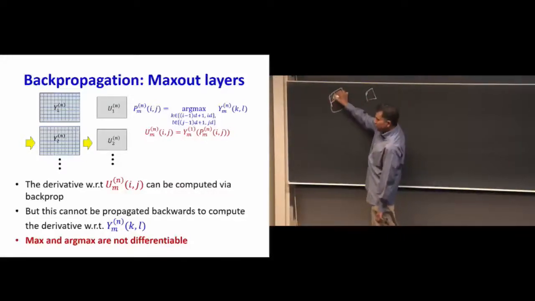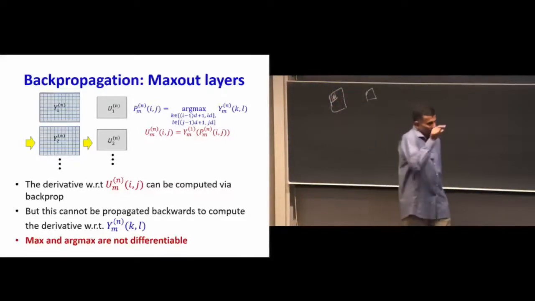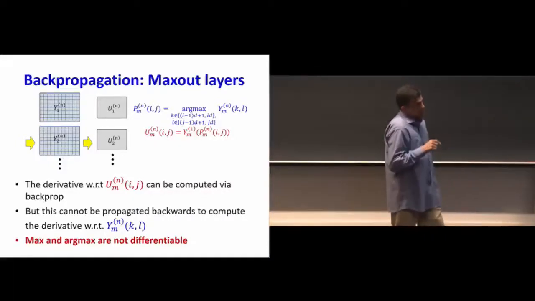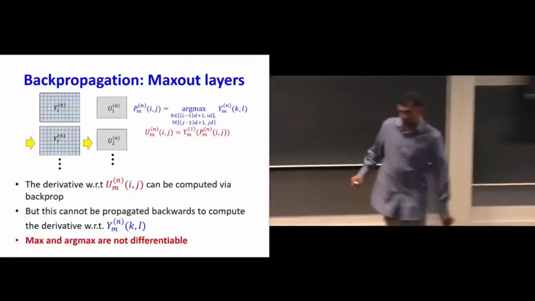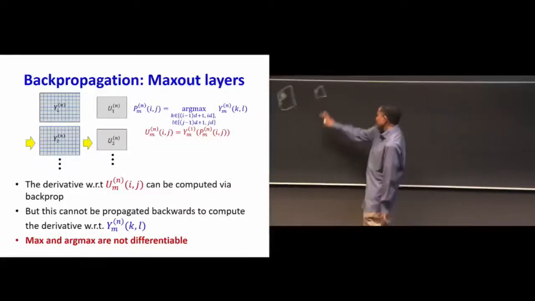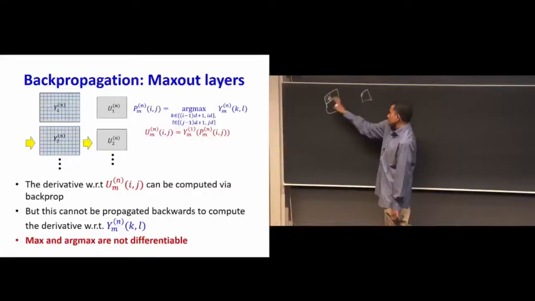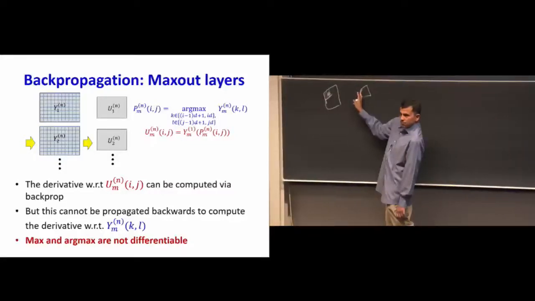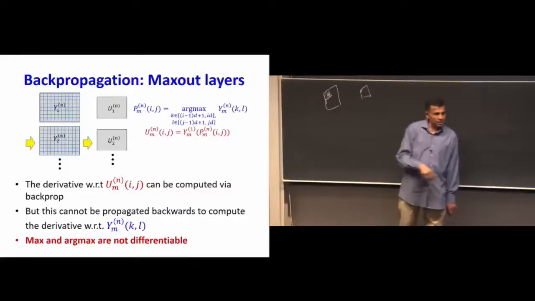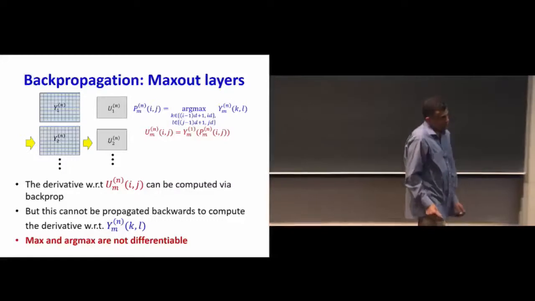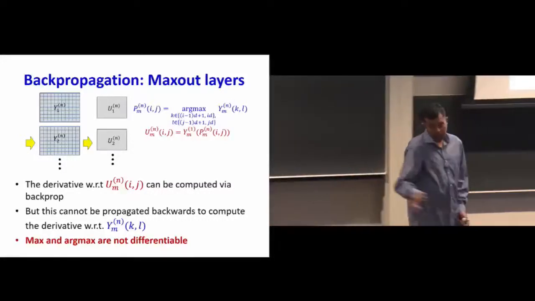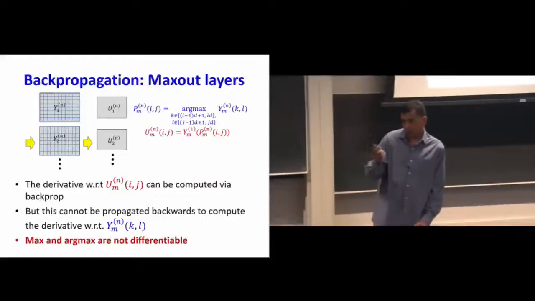So you'd set all of the rest of these derivatives to 0, and you're going to set the derivative of the one guy, which is the maximum, to be the derivative at this point. So the derivative of the divergence with respect to this term is going to be the same as the derivative of the divergence with respect to this guy. For the rest of them, it's 0. So straightforward, right? That's how you actually propagate your gradients to the maximum.